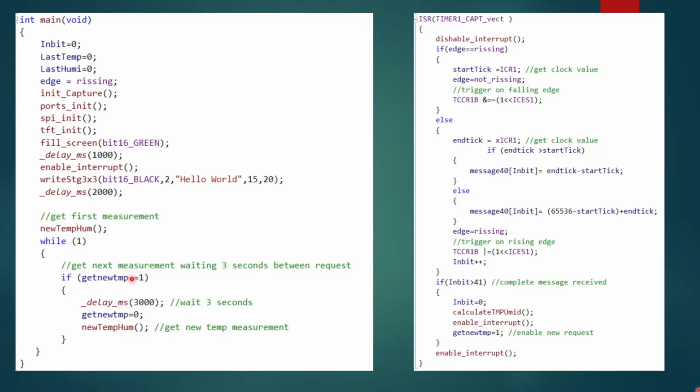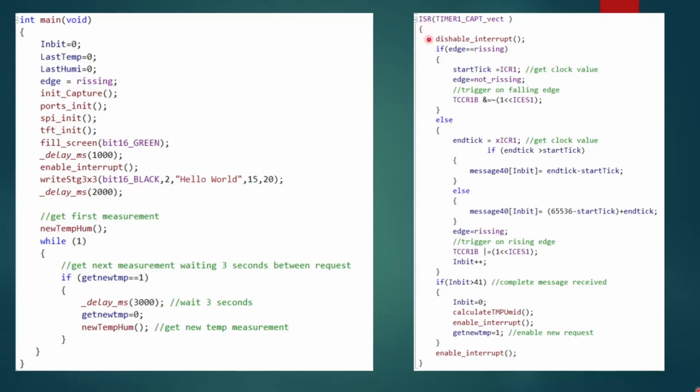So once we get that is true, then we wait 3 seconds. We set the get new temp to 0, and then we request a new value. And then we keep going, doing nothing till the interrupt routine again sets this to 1, and we request a new message. So let's look at the interrupt routine.